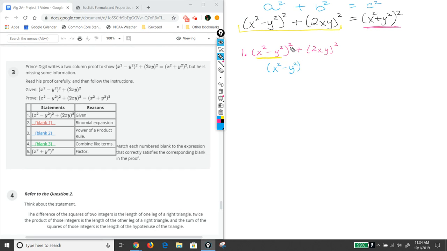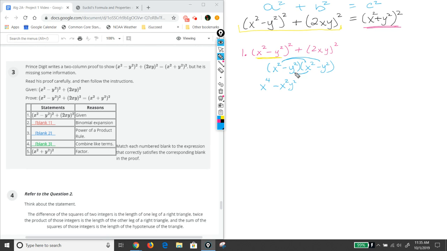I know that anytime we have an exponent of 2, it really means to multiply by itself. So now I can see that distributive property. So x squared times itself is not an x squared, it is an x to the 4th power. x squared times a negative y squared, that would become a negative x squared y squared.